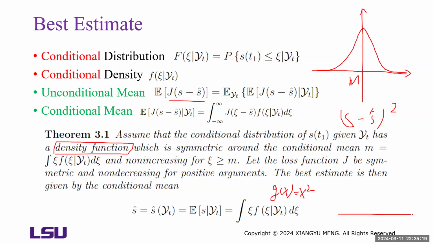So the loss function is symmetric around 0, and the function will be like this. It's symmetric around 0 and non-decreasing for positive argument. Therefore, the probability density function and the loss function both satisfy the condition of 3.1. Then in this case, we know the best estimate is given by the conditional mean.